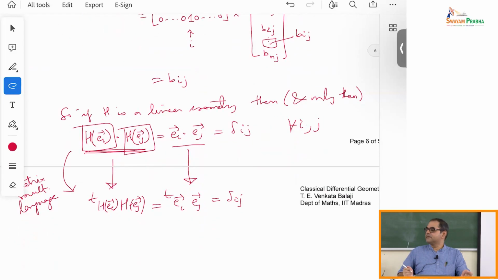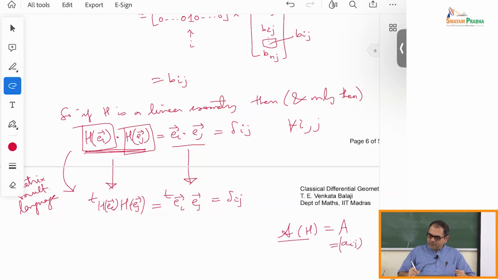But look at this. When you say the matrix of H is A, which is Aij, what does it mean?